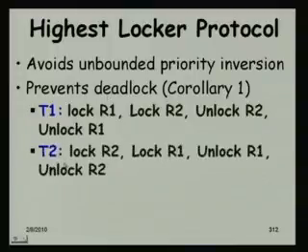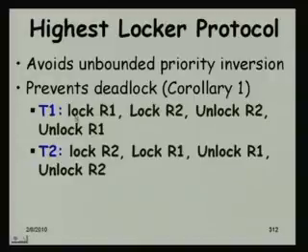We can even show that through some examples. See, this is the example where the basic inheritance scheme was getting into deadlock. So, let us say T1 and T2 are 2 tasks requiring resources R1 and R2, and let us say T2 is a lower priority, T1 is a higher priority, and let us say T2 started executing and locked R2, and then T1 started executing and issued a command lock R1.